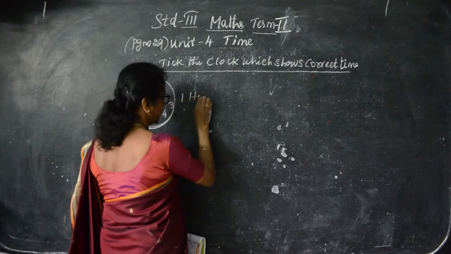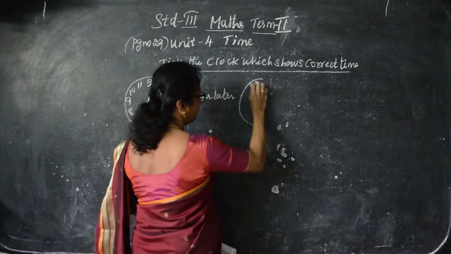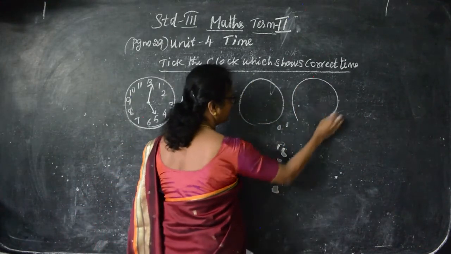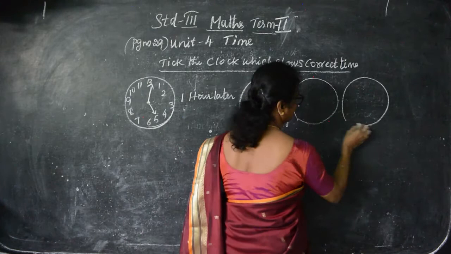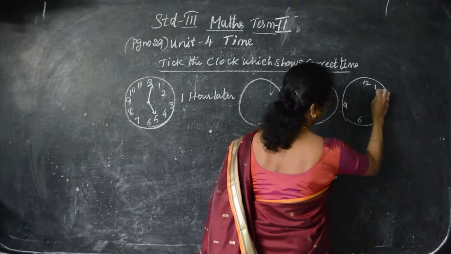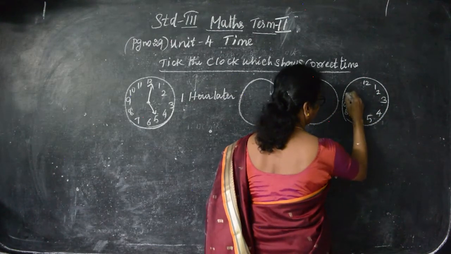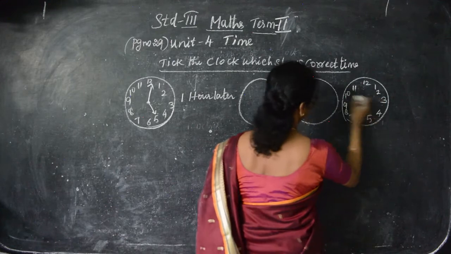1 hour later. 3 clocks they will be given. So 3 wrong times they will have given. You have to choose which one is the correct time for this and you have to write.